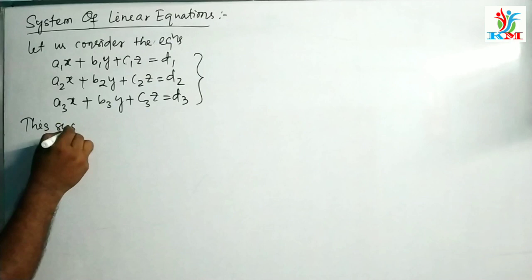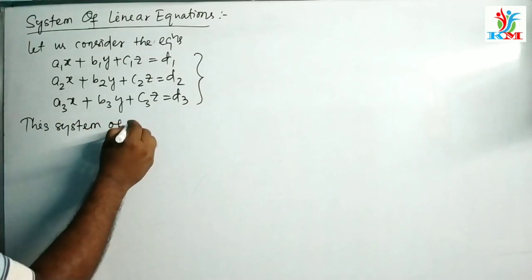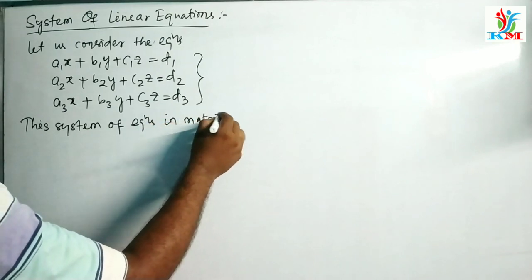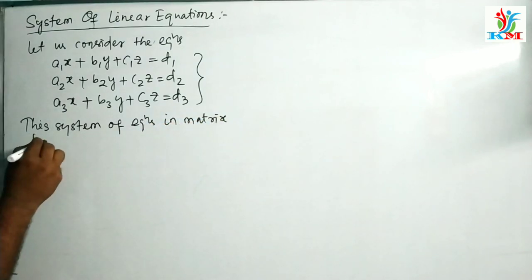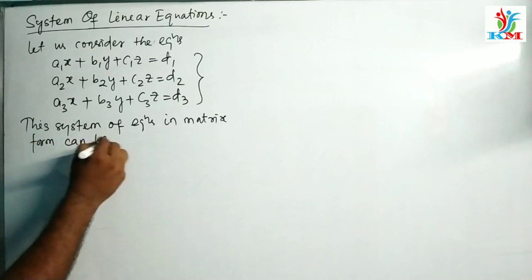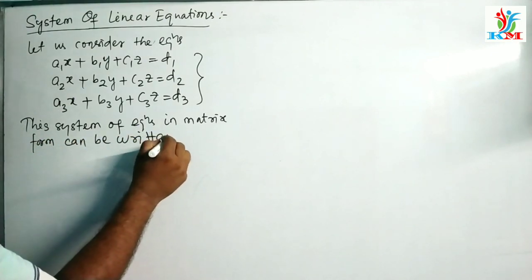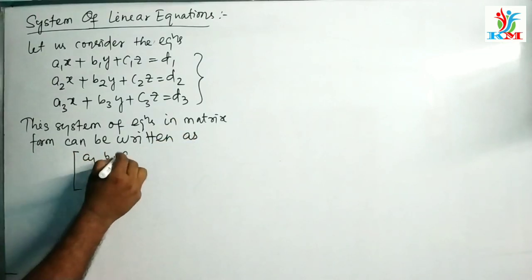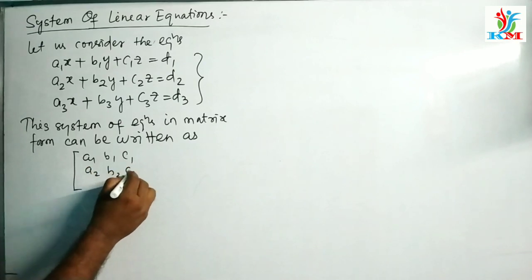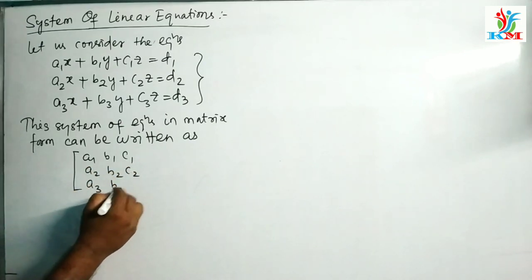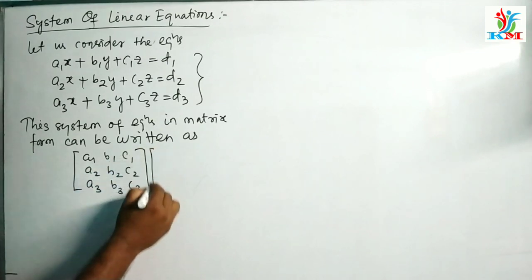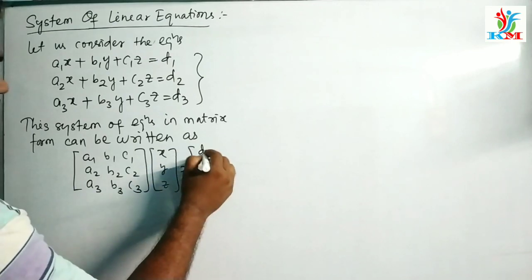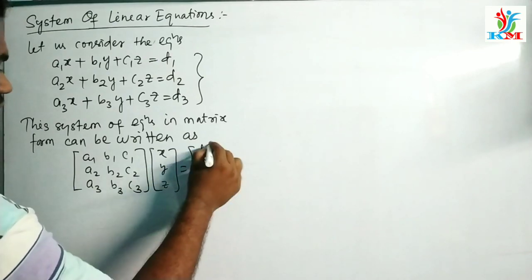This system of equations in matrix form can be written as, look here: the matrix with rows a1 b1 c1, a2 b2 c2, a3 b3 c3 multiplied with the matrix x, y, z is equal to the matrix d1, d2, d3.